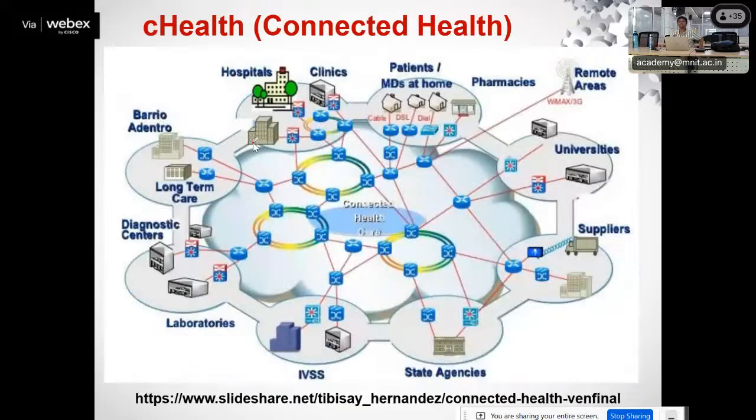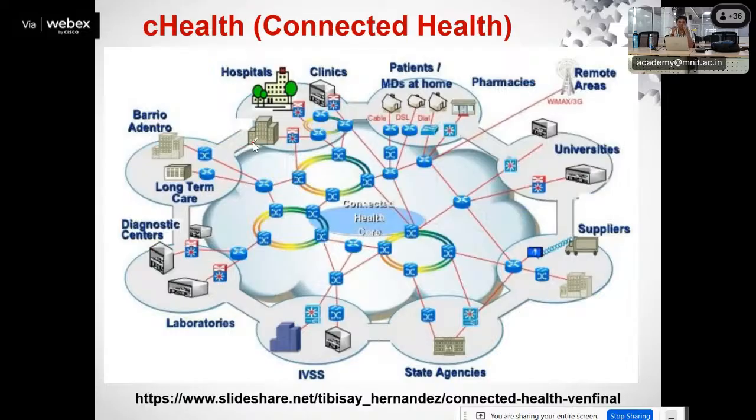Now, connected health. Connected health is a very important component of healthcare, where I want all the stakeholders of the healthcare domain to be connected with each other and send information among themselves. If a doctor has prescribed me to perform some test, that information should be available at a cloud, so I can directly visit the laboratory and the required test can be performed.